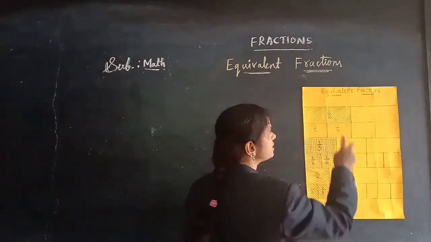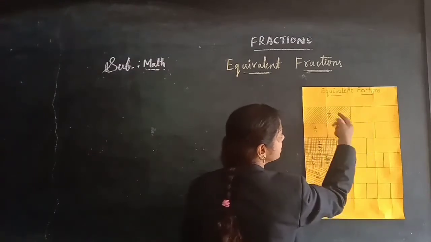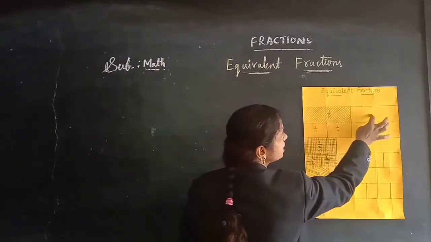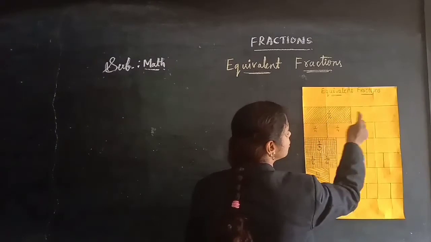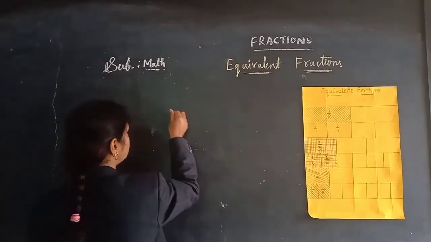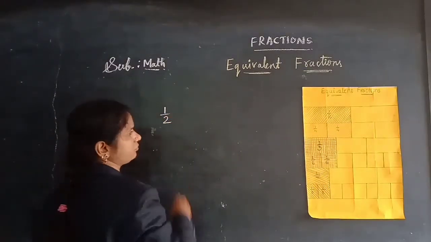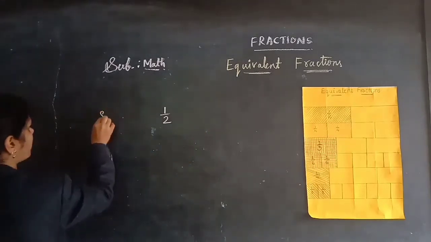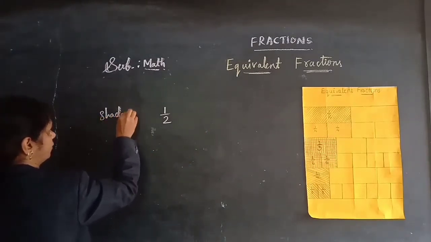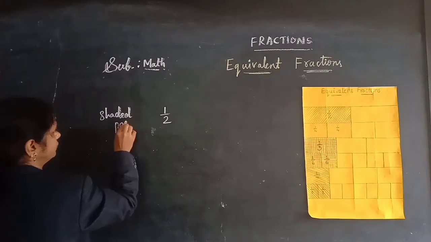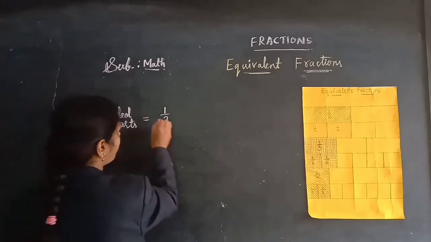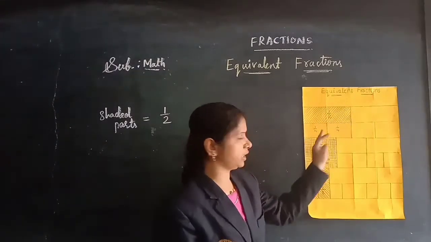And what is the fraction here? What is the fraction of the shaded part in these two parts? The fraction of the shaded part is 1/2. Shaded parts are 1/2, children, in this.